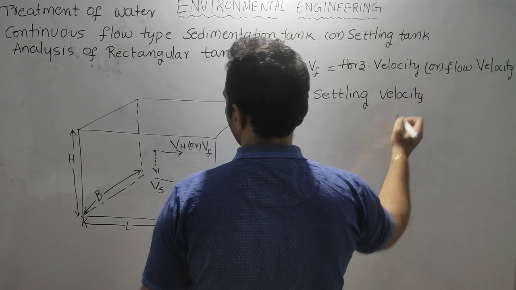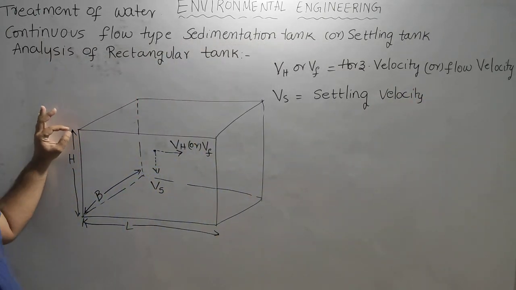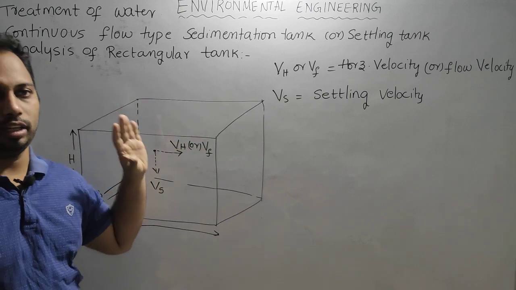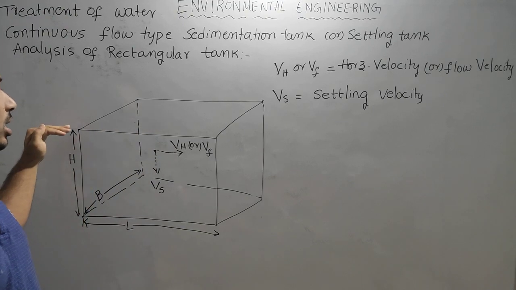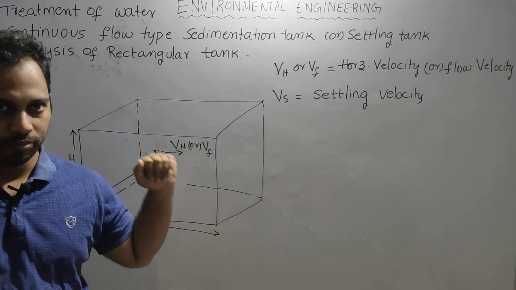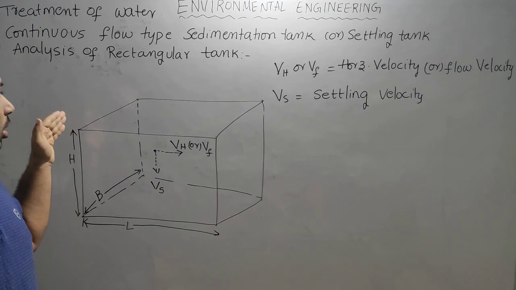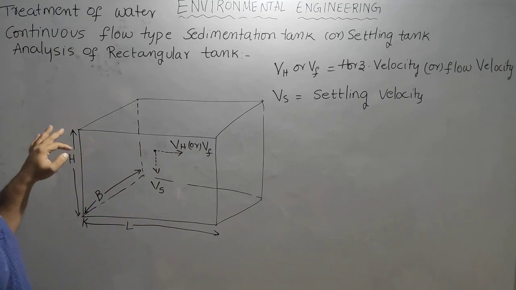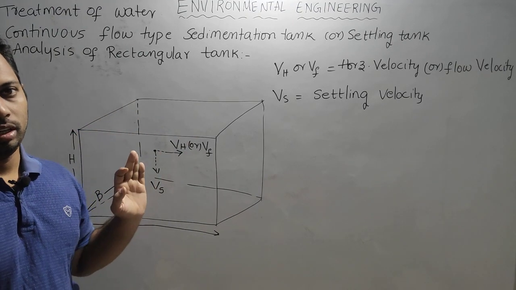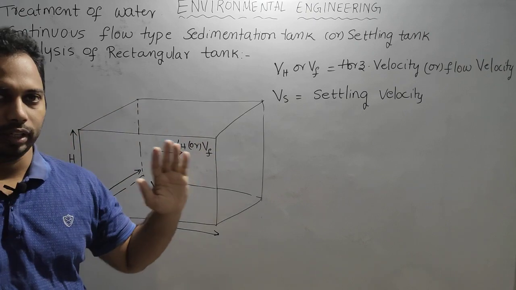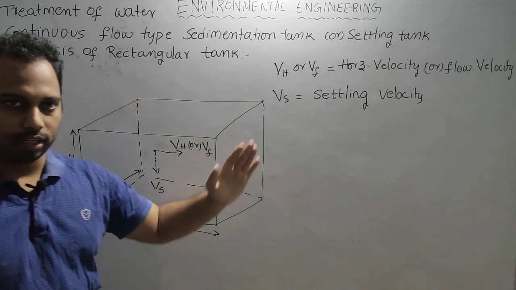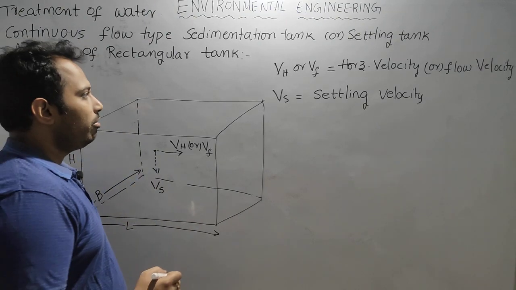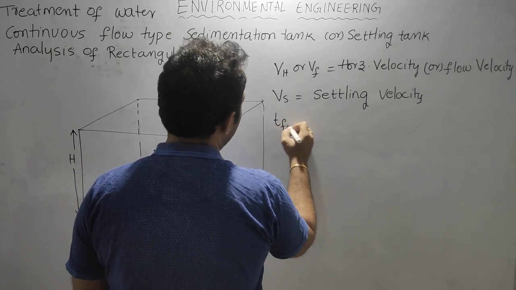For example, a particle entered into the tank at the entry position and went out of the tank at the exit position. The particle has to travel a length of L in order to cover the path of the sedimentation tank. So Tf is called time of flow.